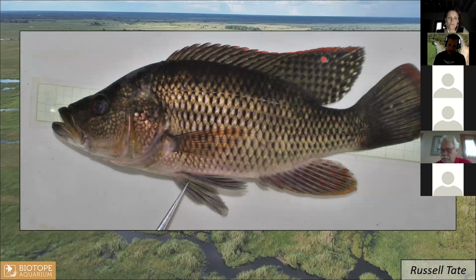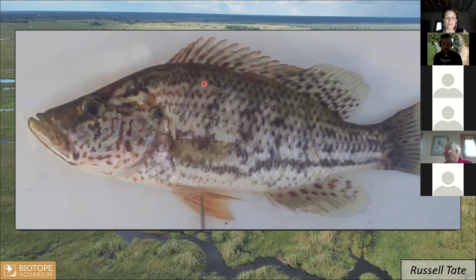I've caught this fish in rapids before, as well as on the floodplains and these little isolated pools. So this is a Serranochromis macrocephalus, and yeah, another one of the great cichlids that you get in the upper Zambezi. And yeah, I'm assuming that this is also a predator as well. So probably not the best tank mate.